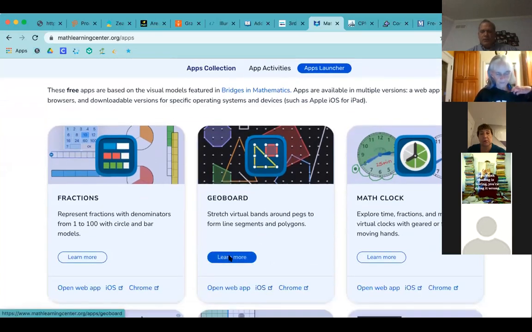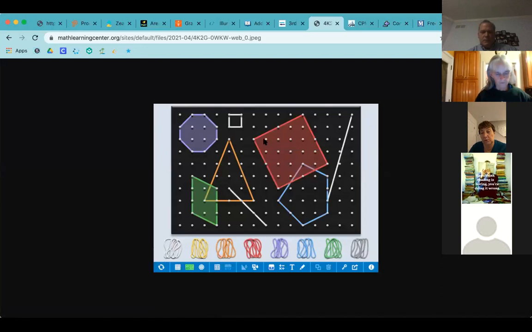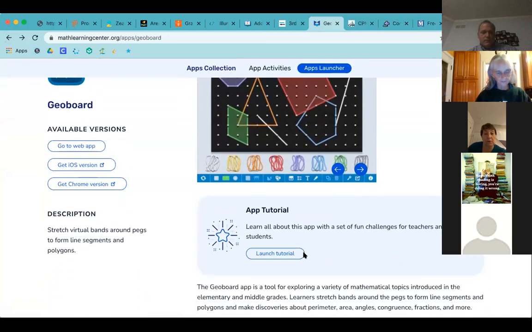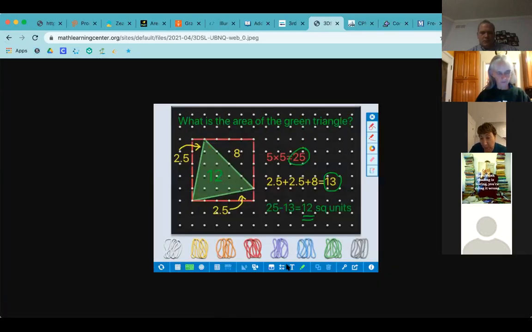Say if they're learning about shapes, let's see. I don't think I launched it correctly. I was just on this two seconds ago, right before I got on with you guys. So I'm not sure why it's coming up like this.